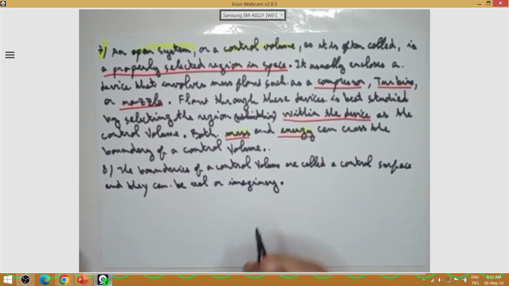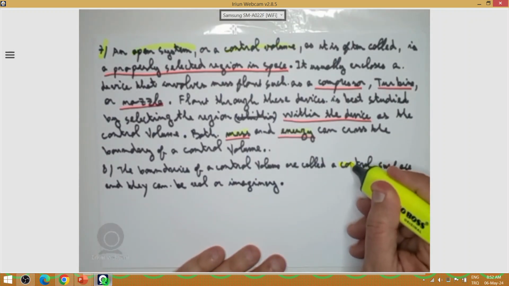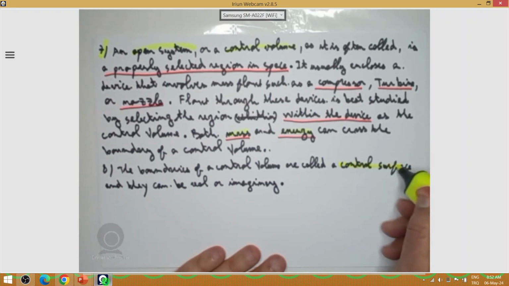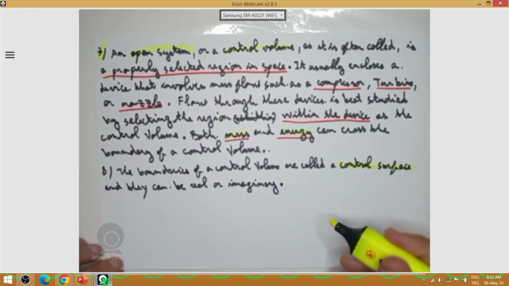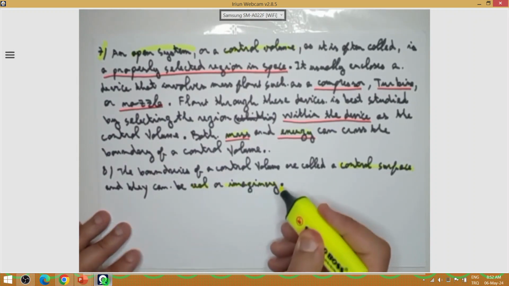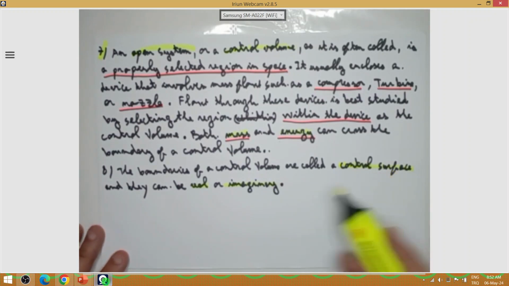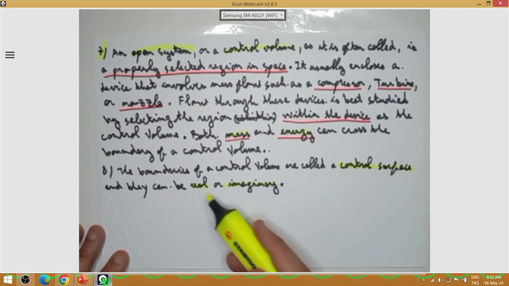So this is very important. Let's try to understand this. The boundaries of a control volume, we call them a control surface, and they can be real or imaginary.